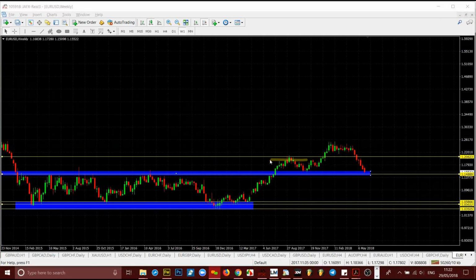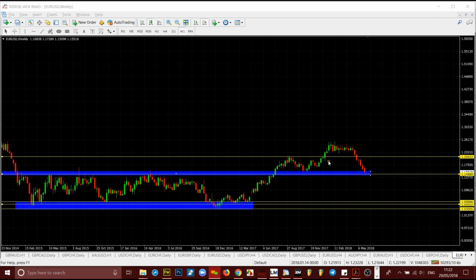This line, price penetrated it. Meaning that price was strong enough to penetrate it. So this is an example of what they call a breakout. It broke out of that resistance line. Remember, that's a resistance, right? Because it was initially a resistance. So it broke out of it.